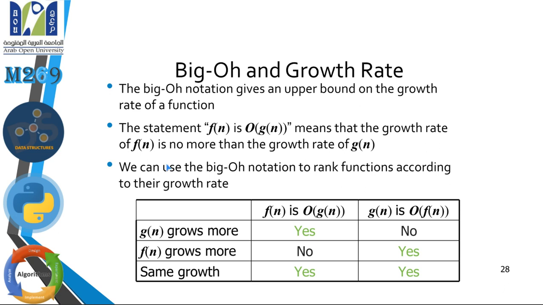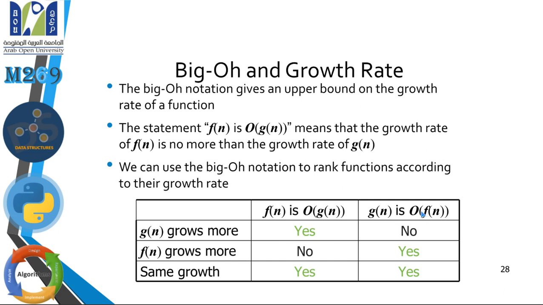So if we say f(n) is O of g(n), it means the growth rate of g(n) is bigger than the growth rate of f(n). That means g(n) grows more than f(n), right? But it is incorrect to say g(n) is less than f(n).